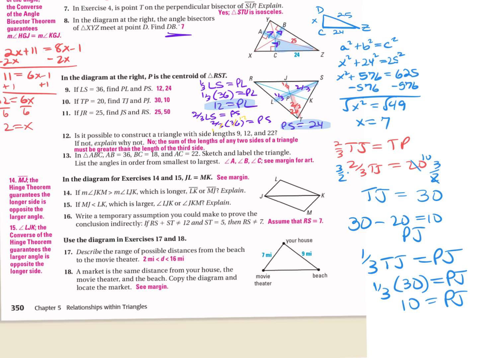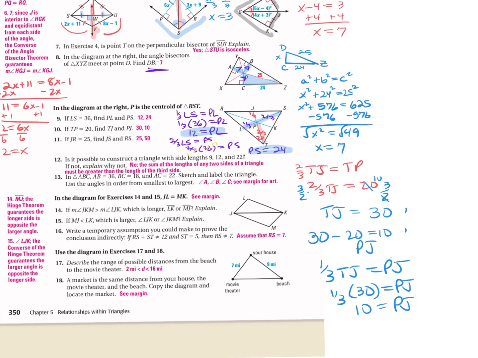All right, and then number 11. This time they're giving me JR. JR is over here. So they're telling me that JR is 25. So I know J is a midpoint.